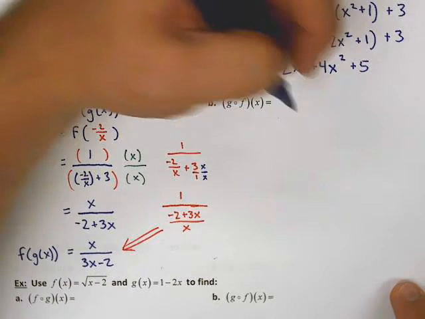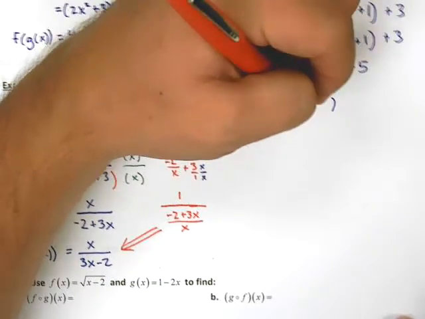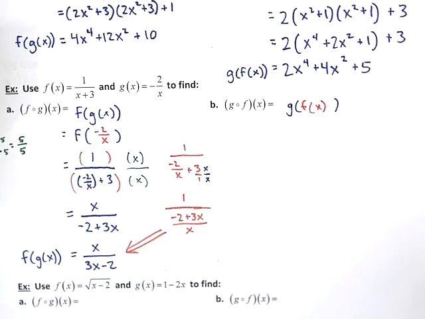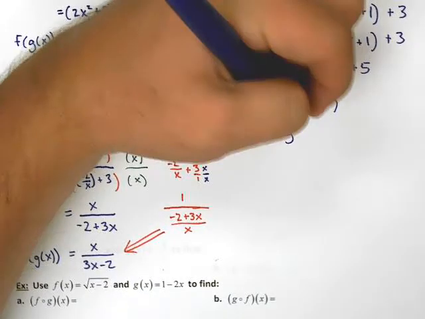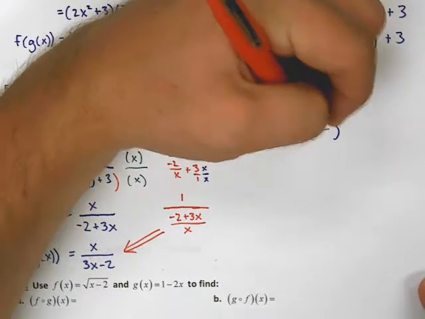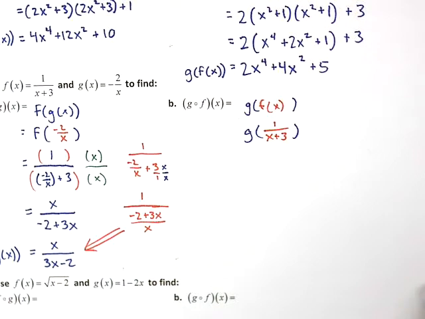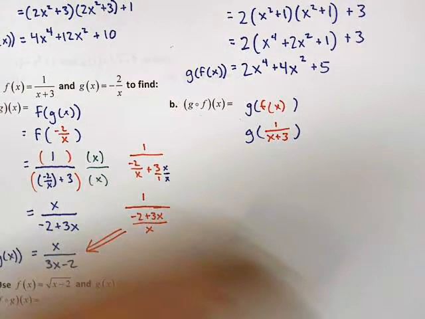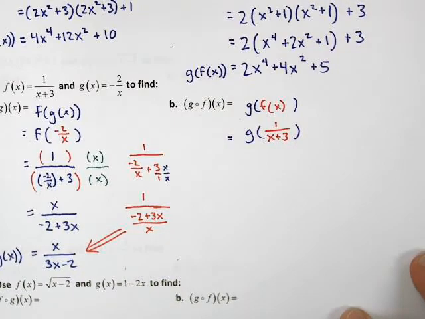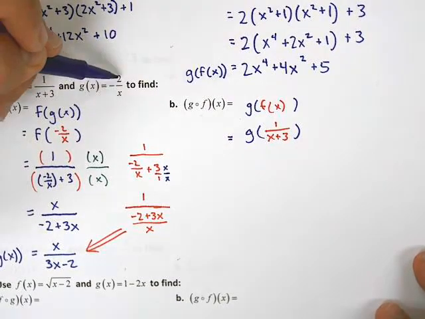Alright, g of f of x, so we rewrite g of f of x, or g of, my f function is 1 over x plus 3. 1 over x plus 3. So we go ahead and we do what? We see that our g of x function is negative 2 over the input.